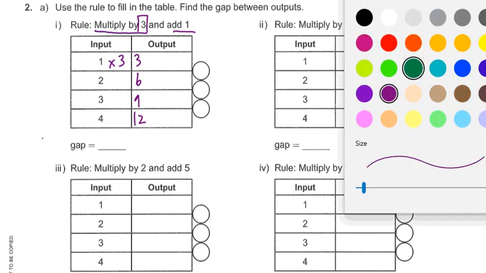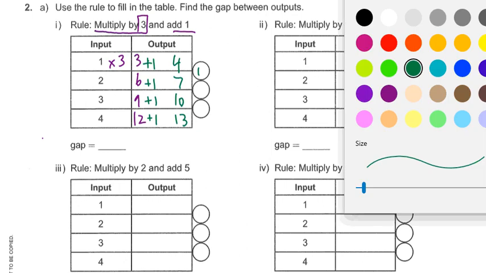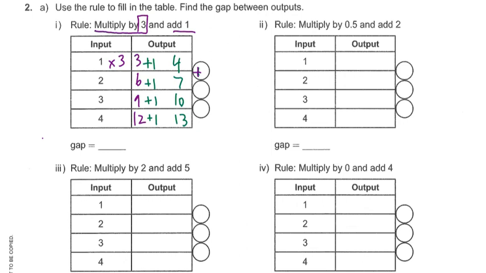And then if I add 1 after that for each of these, what will that give me? 4, 7, 10, 13. And what is my gap over here? My gap happens to be plus 3, plus 3, and plus 3. So in this case, my gap is 3 or plus 3. So they can sometimes go up or down, depending if you're adding or subtracting.